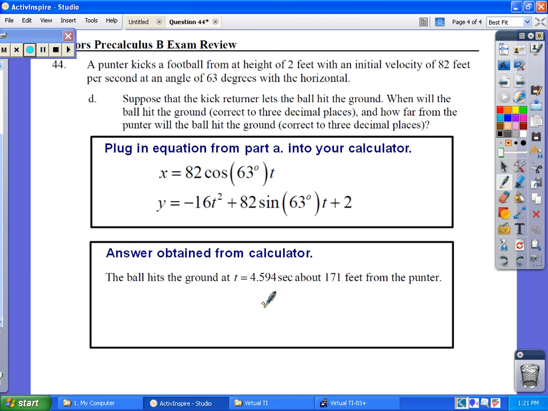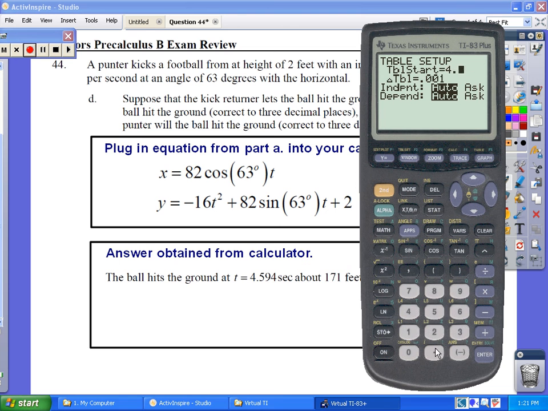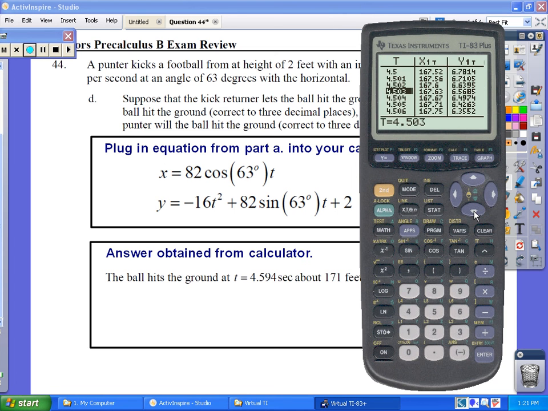Part D, suppose that the kick returner lets the ball hit the ground. When will the ball hit the ground correct to 3 decimal places, and how far from the punter will the ball hit the ground? Once again, we use the calculator, and now we're going to scroll, and we're looking for when it is going to hit the ground. So I'm looking for the last, or the first negative value, and still 5 feet above the ground.